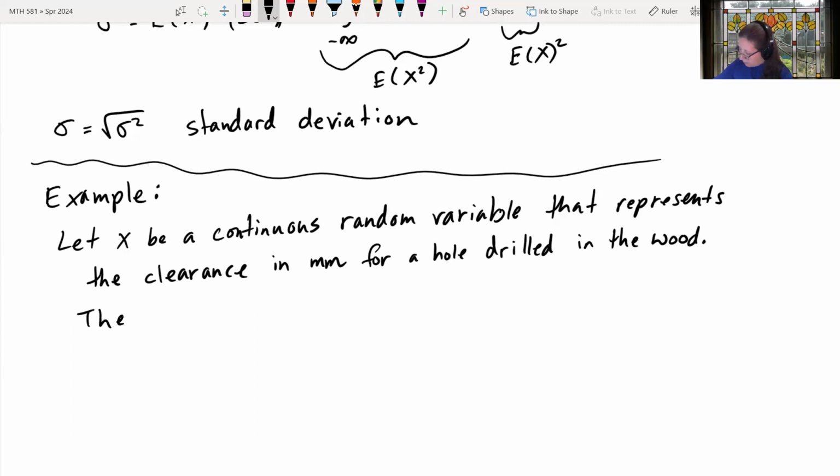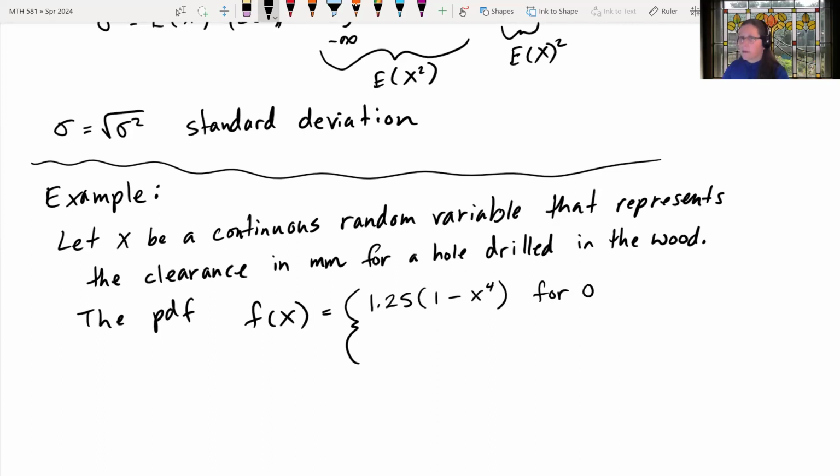And the PDF, probability density function, for this would be f of x equals 1.25 times 1 minus x to the fourth power for all values of x that are bigger than 0 but less than or equal to 1, and then the function is 0 anywhere else.